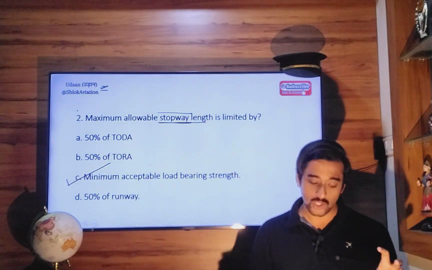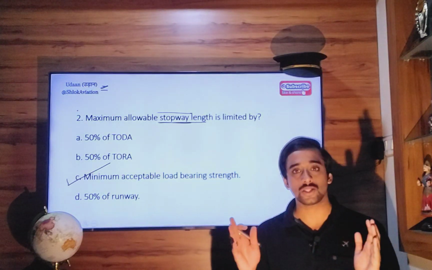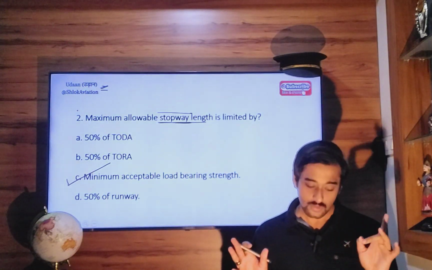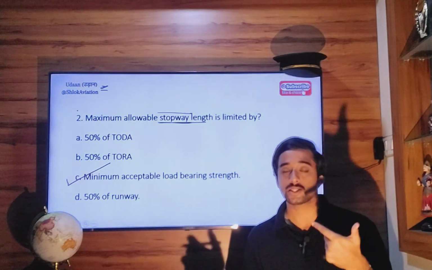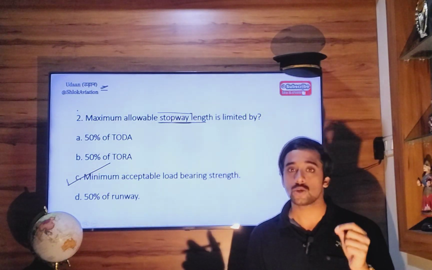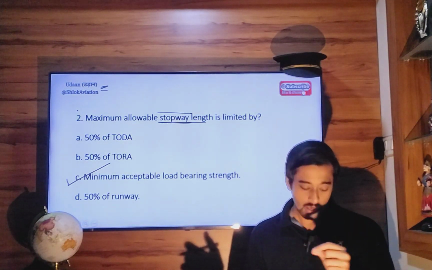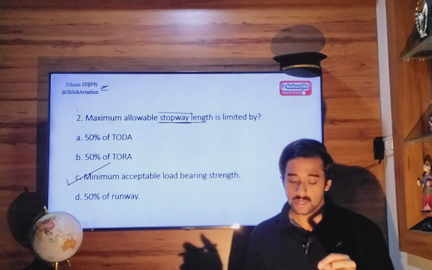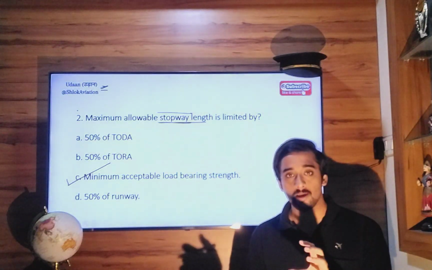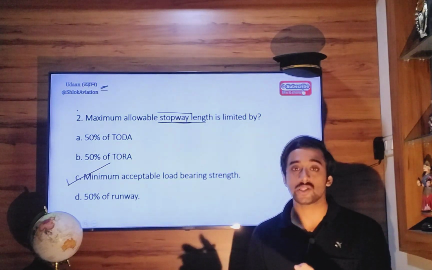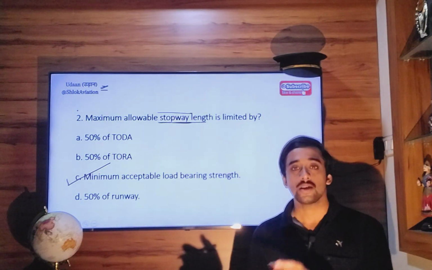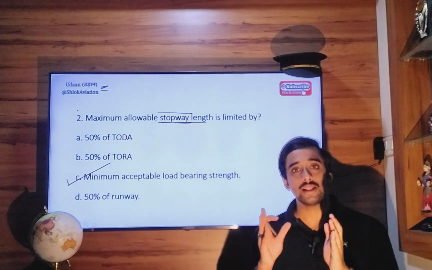So stopway length. So maximum stopway can be as long as runway or whatever. The only one condition that limits the stopway length is it should be very strong. Okay. So it should meet the minimum criterion of load bearing strength. If it's not able to meet that criterion, the stopway length will be limited.